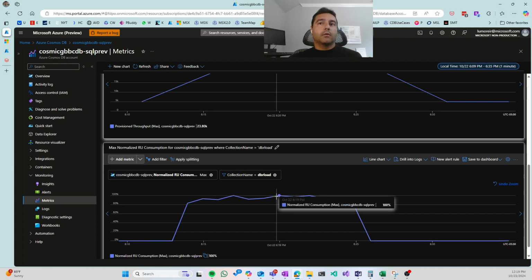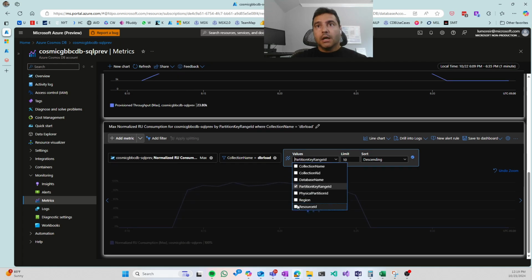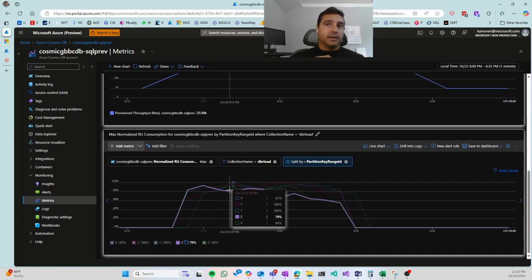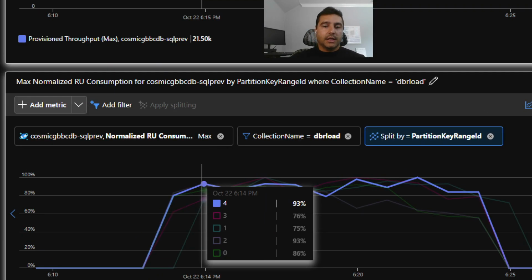And just to add one more step here, if I apply splitting by partition key range ID and look at the distribution of the normalized RU across my partition key ranges, you're going to notice that I had two partitions that got to 93% utilization.